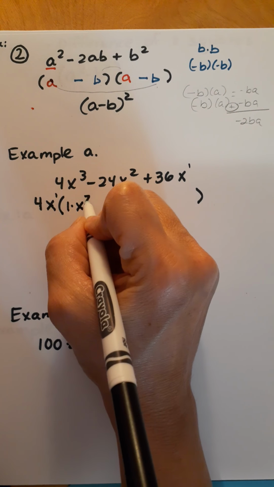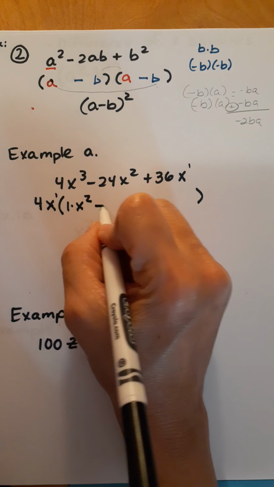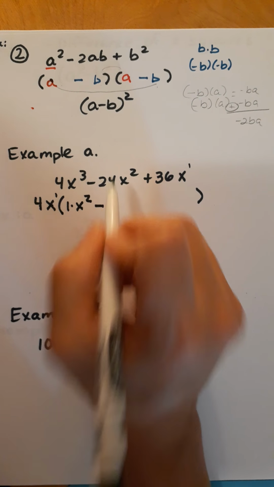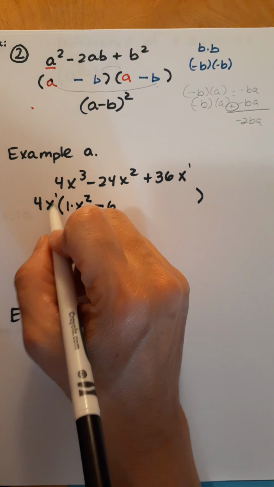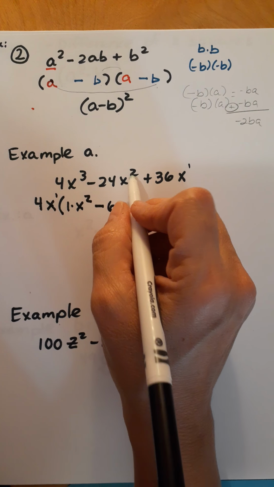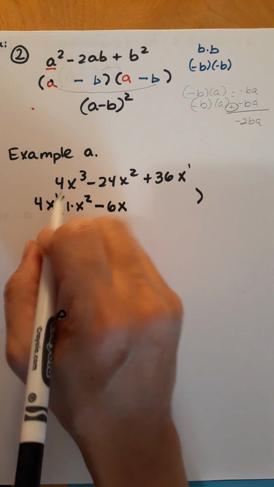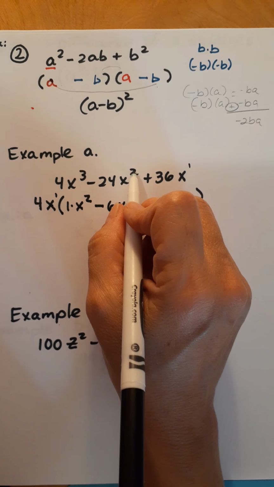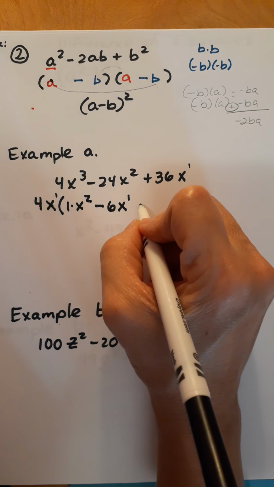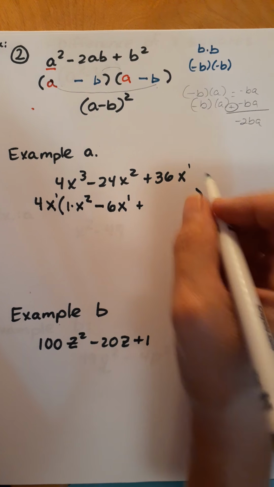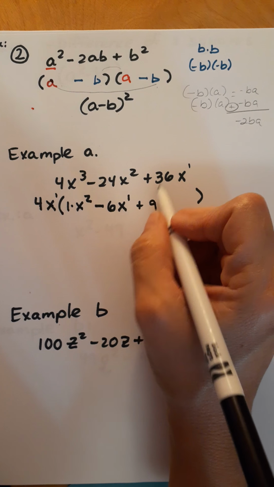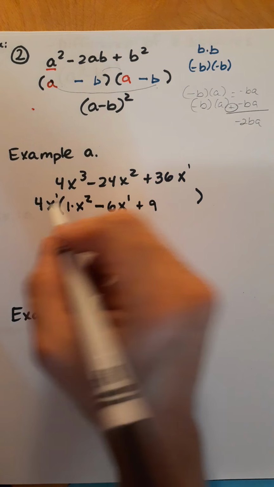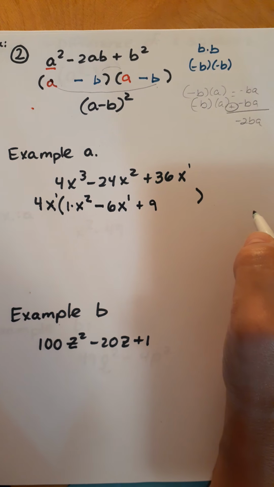And the answer is 2, x to the 2 power, minus 4 times what gives me 24? That's 6. 1 x to the 1 times what gives me x to the 2? Well, it's got to have the same base. And 1 plus what gives me 2? 1. Plus 9 times what gives me 36? I'm sorry, 4 times what gives me 36? And that would be 9. And x to the 1, we don't write it.